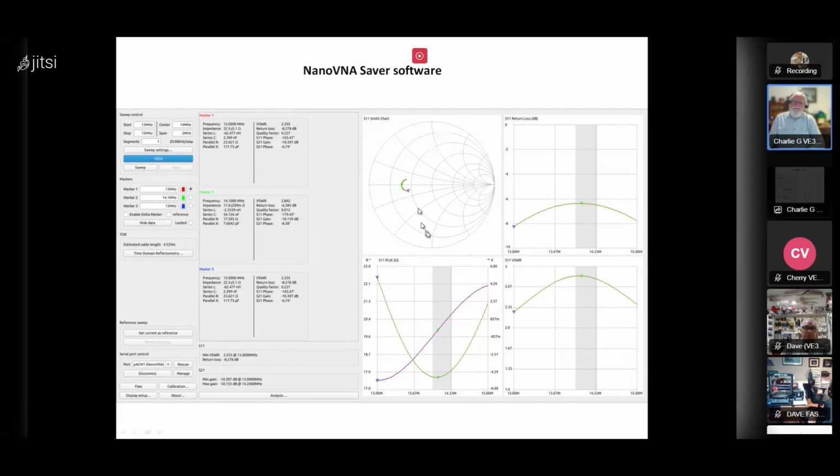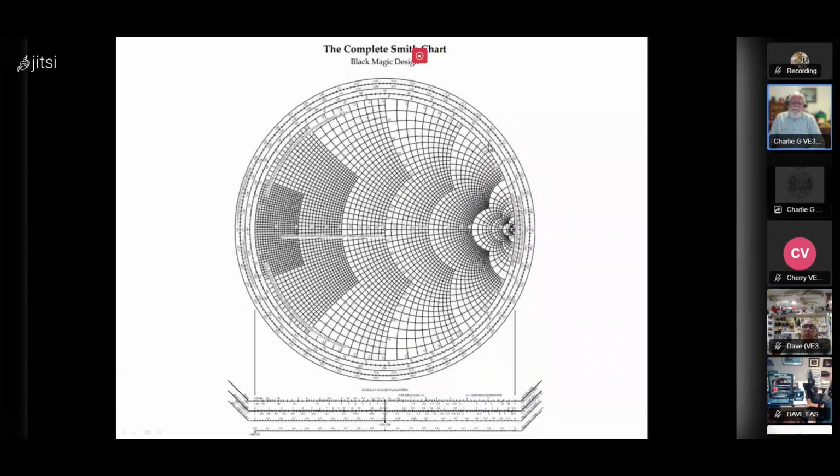That's this one, which is the commercial version of it, where the nominal impedance is here in the center. For the stuff we're doing, this would be 50 ohms. It's labeled as 1, so you normalize stuff. If I measure 50 ohms, I divide by 50 ohms and normalize it, and I get this 1 in the center of the chart.